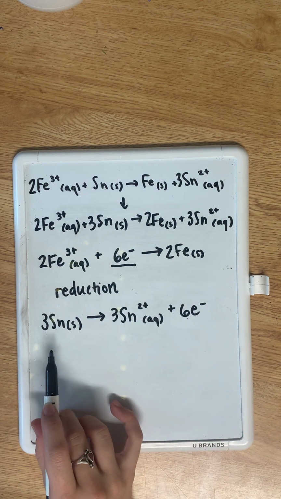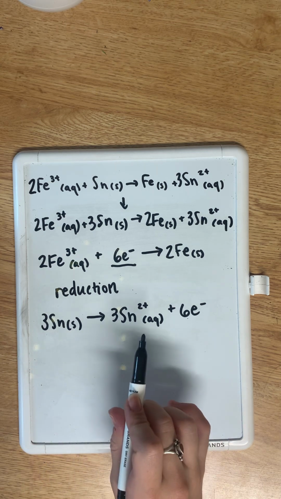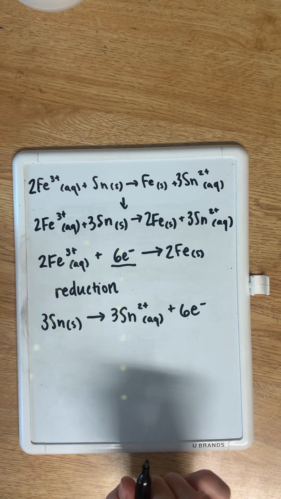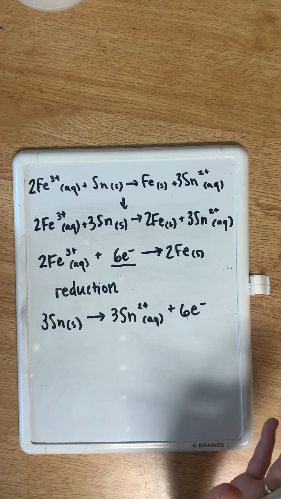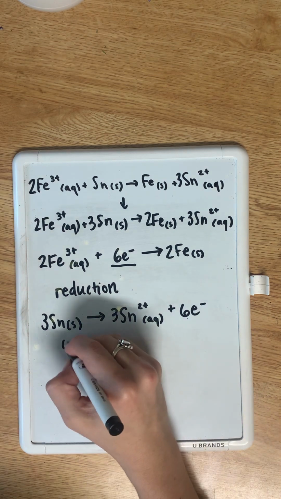Down here, we are going from a 0 charge to a +2 charge, so we are losing electrons, and when we lose electrons, we are doing an oxidation.